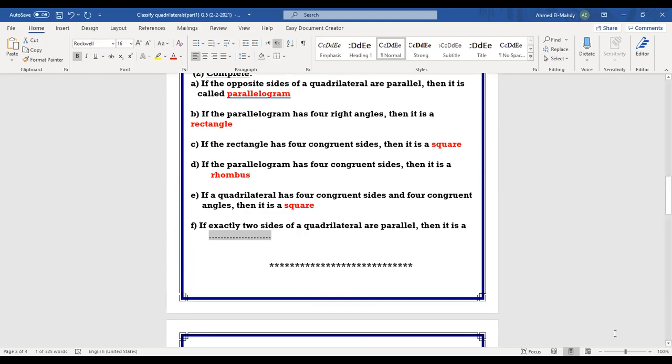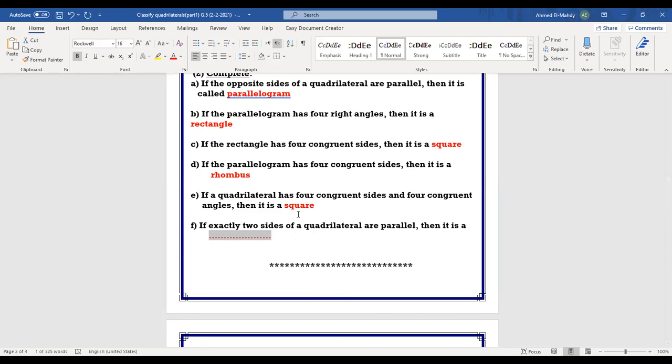If exactly 2 sides of a quadrilateral are parallel, then it has only 2 parallel sides. Only 2 parallel sides.